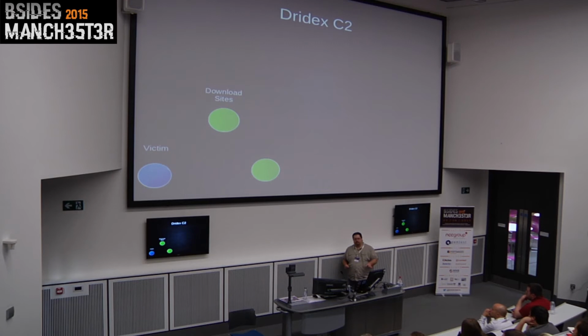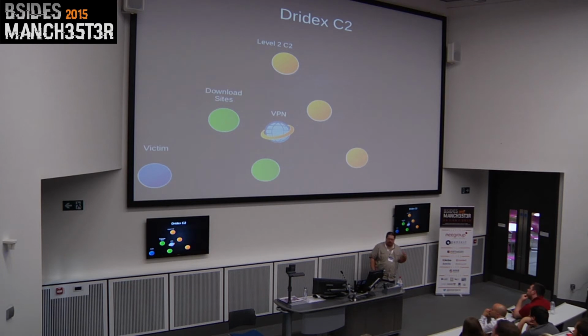That download site also then becomes the first layer of command and control, which will then have a VPN connection to the next layer. So that's one more level of protection for the attacker, and makes it extremely difficult, even at this stage, to then start identifying where the command and control traffic is truly coming from.